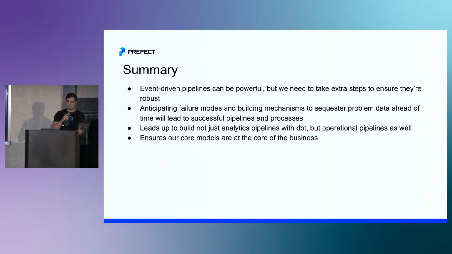And as a final result of this, we've reduced the time that data takes to get to our DBT models, and we've reduced the time that it takes to get into our business operational workflows. Your DBT models can become core pieces of business logic for your business, not just in an analytics sense, but in an operational sense.